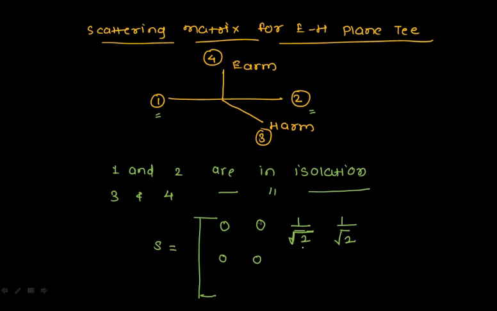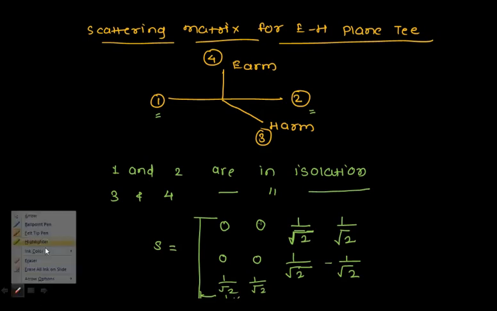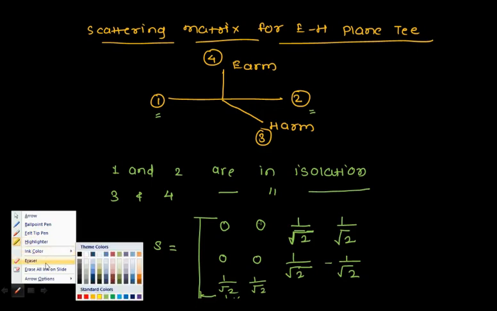So this will be S21, S22 and S23. Whenever you are giving something to port number 2, it will go to port number 3 as half, 1 by root 2, and it will come out of phase here. So this will be -1 by root 2. Okay, so here the same kind of things will repeat. I'm sorry, I'm just trying to fit all the things over here.